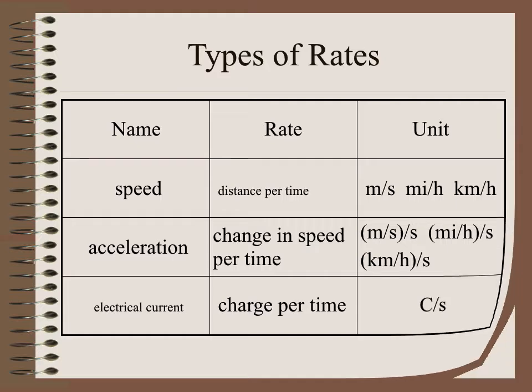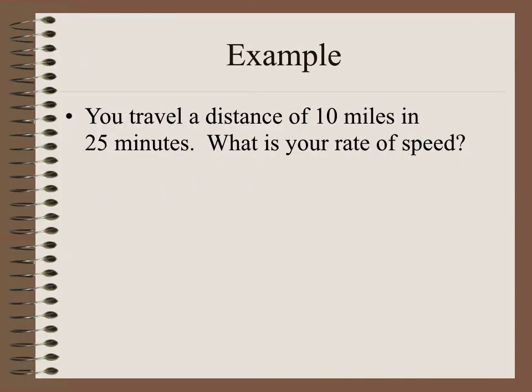Let's take a look at an example. You travel a distance of 10 miles in 25 minutes. What is your rate of speed? Now, a little later on, we're going to get a more specific formula for speed. But for right now, all we really need to know is that we're looking for a rate.